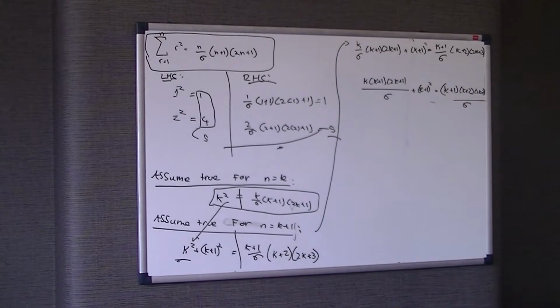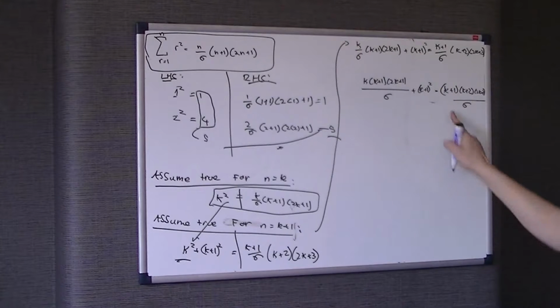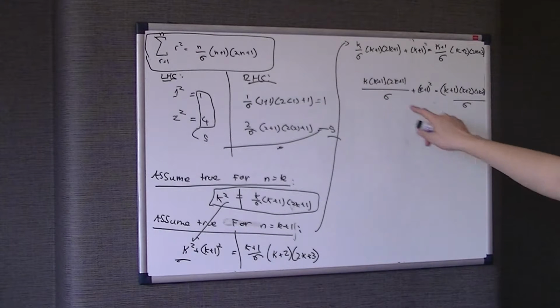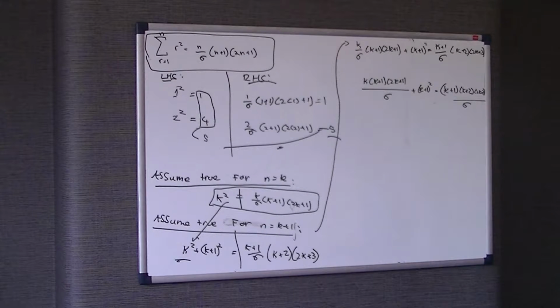So we've got to make this left hand side look like the right hand side. You'll spot straight away that this is over 6, but the k plus 1 all squared is not over 6.